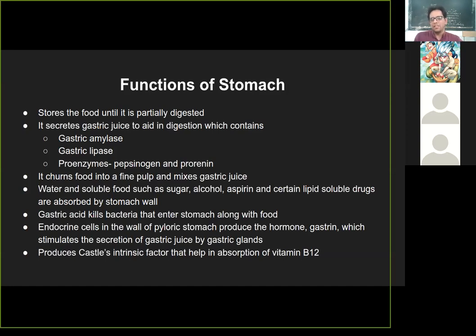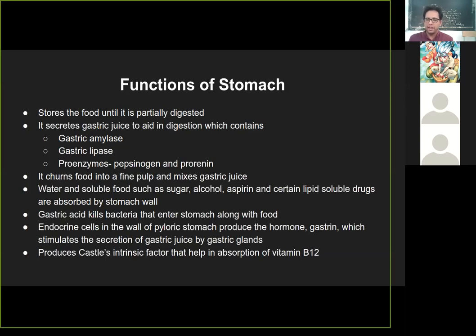Gastric acid kills the bacteria that enter the stomach along with the food. Now, one major function of the gastric acid, apart from digestion of food, is to protect the inner organs, especially the stomach and beyond the stomach, by killing the pathogenic bacteria which are coming inside our body through the medium of the food.